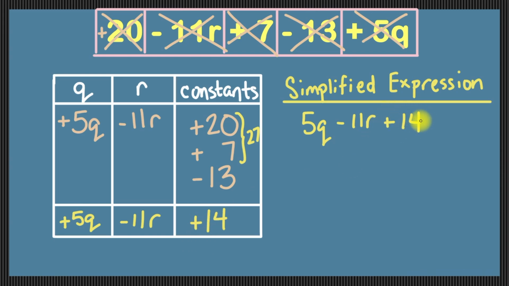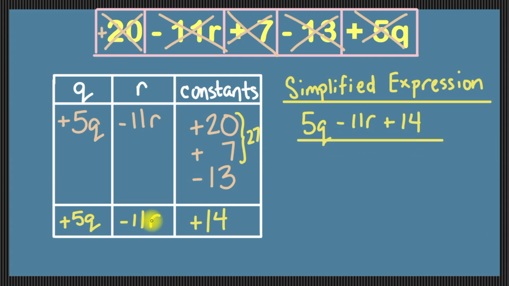Now keep in mind that when you read them as separate terms, they're positives and negatives, but as an expression, we read them as plus and minuses. So this would be 5q minus 11r plus 14. Another thing to keep in mind is we don't need to put the plus sign in front of the 5q. Because it's the first term in our expression, it's automatically positive. So let's just take that out.